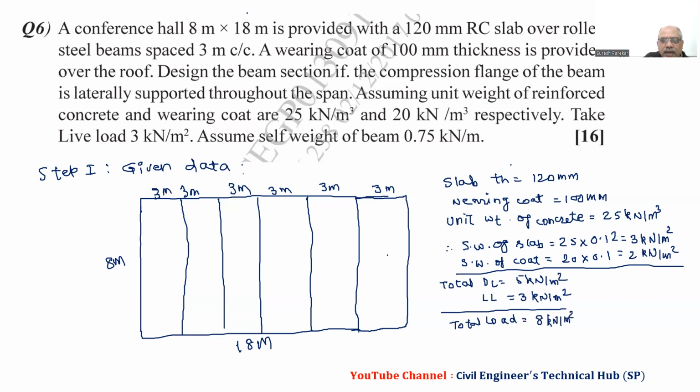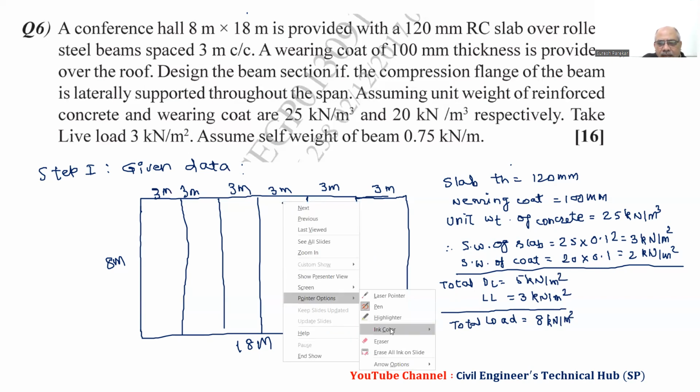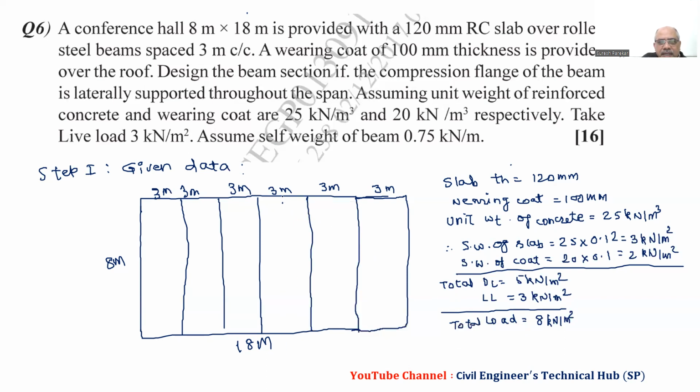Now try to understand, this is a load. If I consider any beam, then this beam will take the responsibility of the load which is half spacing from both sides. So we have equal spacing, 1.5, 1.5. So this much load will be taken by this beam.